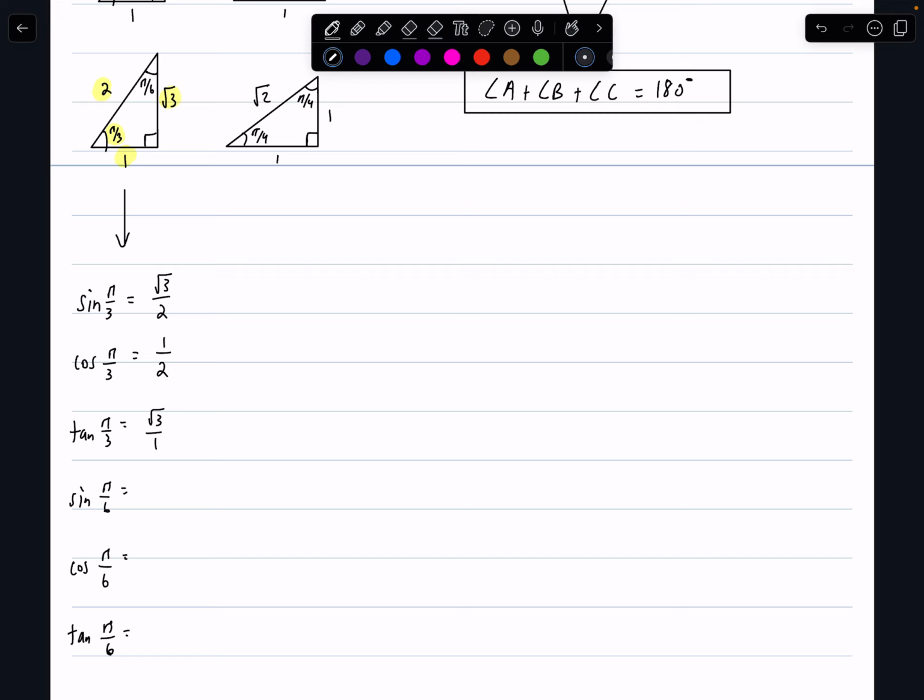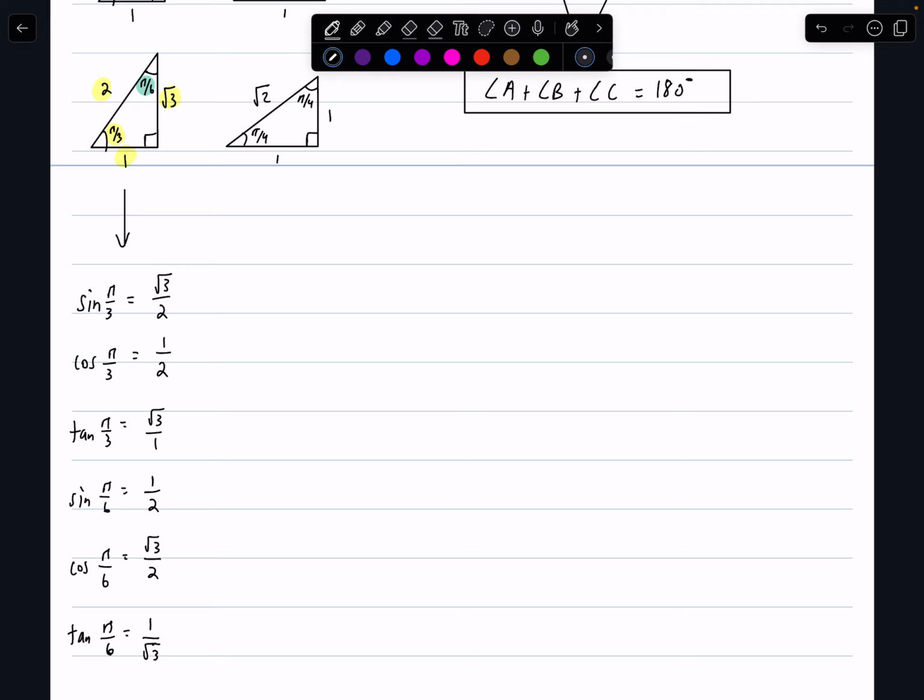And then after that, we have to do the pi over 6, so that means we're talking about this angle now. Sine pi over 6 is 1 over 2. Cos pi over 6 is root 3 over 2. And tan pi over 6 is 1 over root 3.